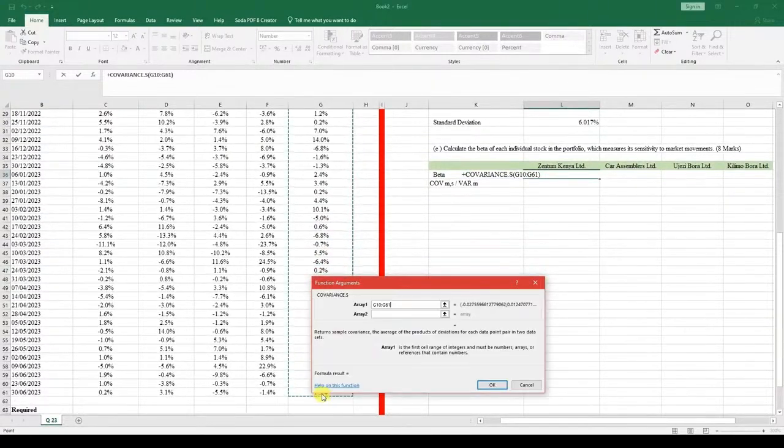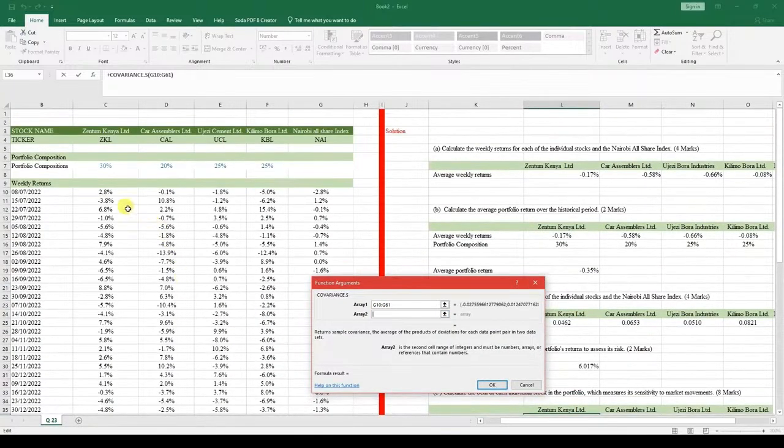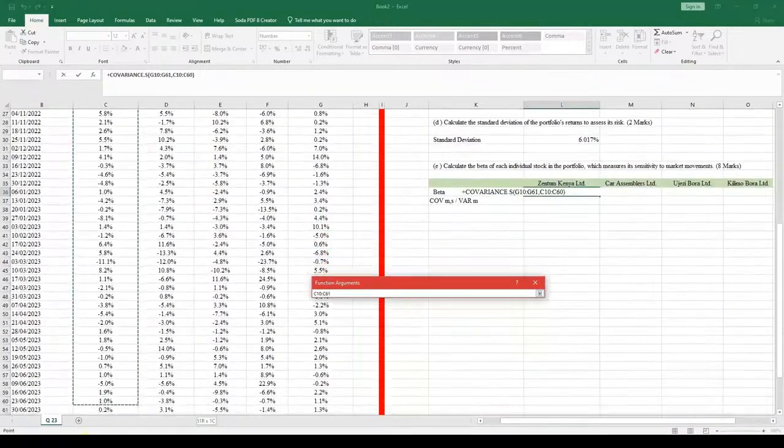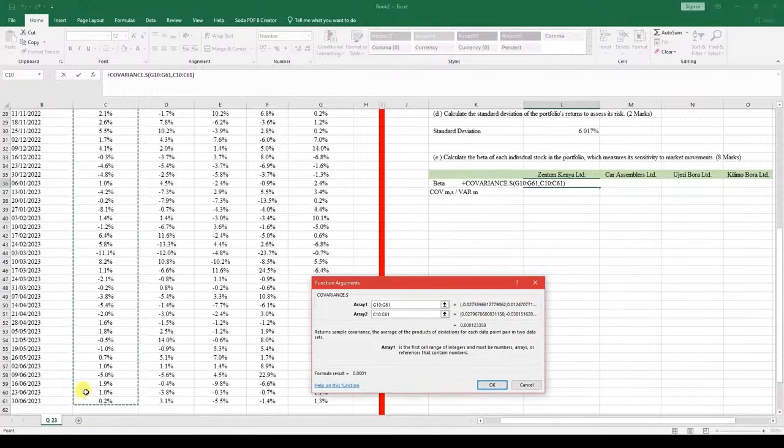Covariance of the market, and on the second array we put the stock itself over here, bearing in mind, like that, covariance of the market and stock, and you can see what we've done.